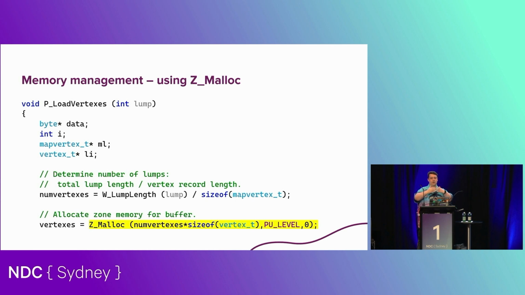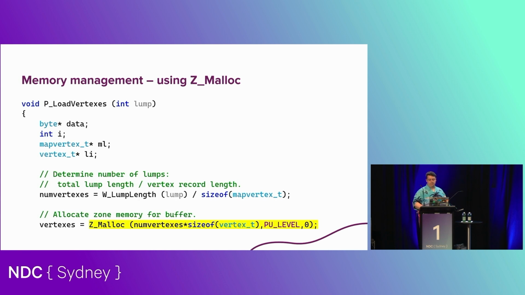Then it will look in that big chunk of memory. If there's enough space available, it will allocate that space for you. It will tag it, in this case, with the PU_LEVEL tag, which means whenever it does a zone free call, it can immediately free up all of the level data when you're switching between levels. It's actually a very smart garbage collector for Doom, you might say.